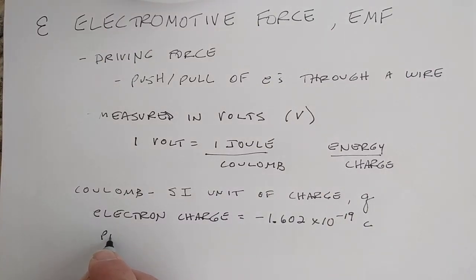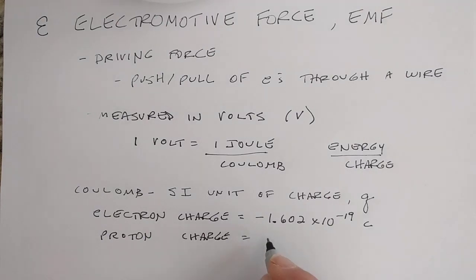And our proton charge in units of coulombs is positive 1.609 times 10 to the negative 19th coulombs. So one electron has a small unit of charge.